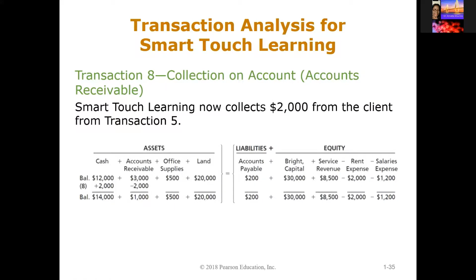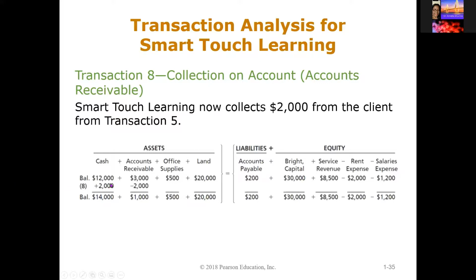In transaction 8, Smart Touch Learning collects $2,000 from the client to whom services were provided in transaction 5. Here you see the $2,000 that the company collected from a client. Now cash is increased by $2,000, so the balance in cash is $14,000. Notice that while cash increases, the amount owed to Smart Touch Learning from the customer decreases by the same equal amount.